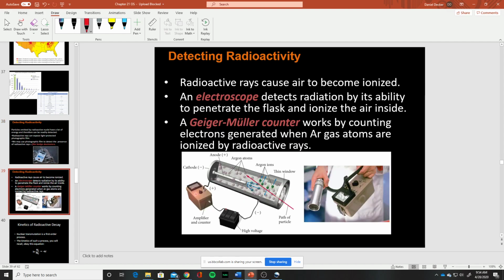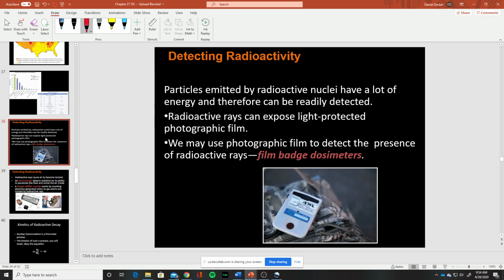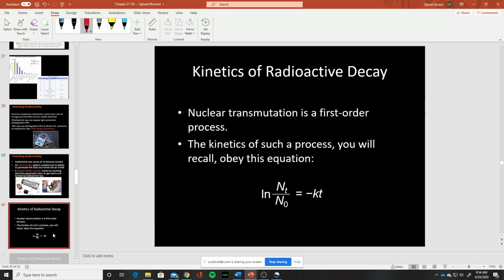I'm not going to have you writing an essay describing how they work, but just understanding that Geiger counters are actively measuring the amount of radiation, and dosimeters are measuring it as they go along, but they don't actively measure. It measures a cumulative effect of radiation.